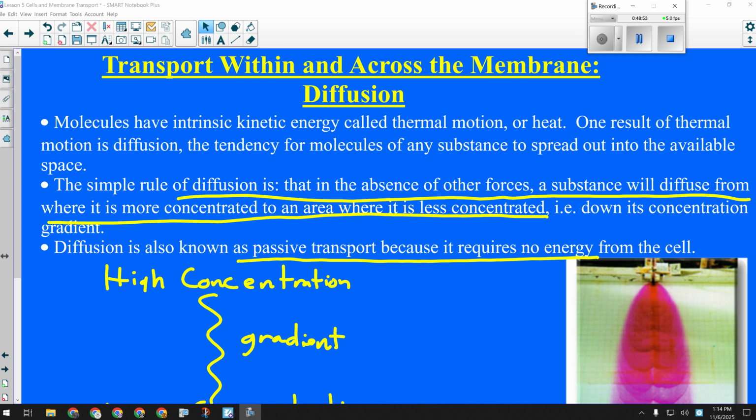So diffusion will reliably move material from an area of high concentration to an area of low concentration, or what we call down the gradient. So you'll see here that I kind of drew this diagram. High concentration, low concentration. The difference between is the gradient.